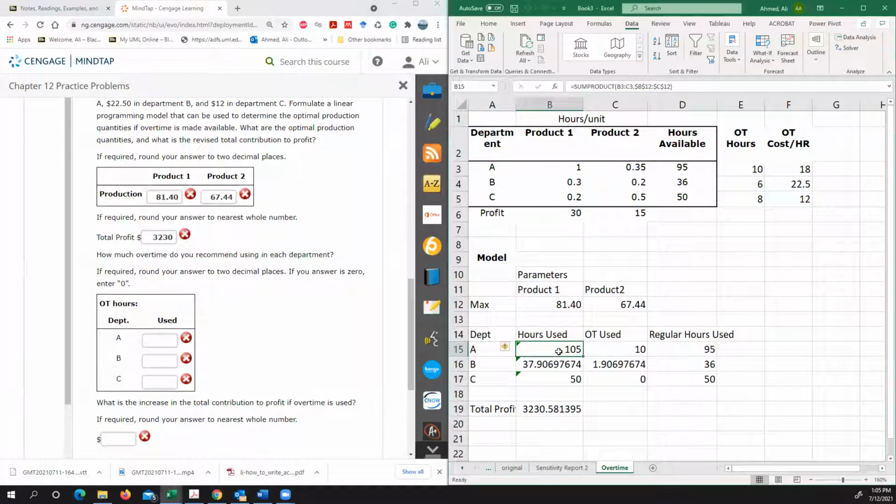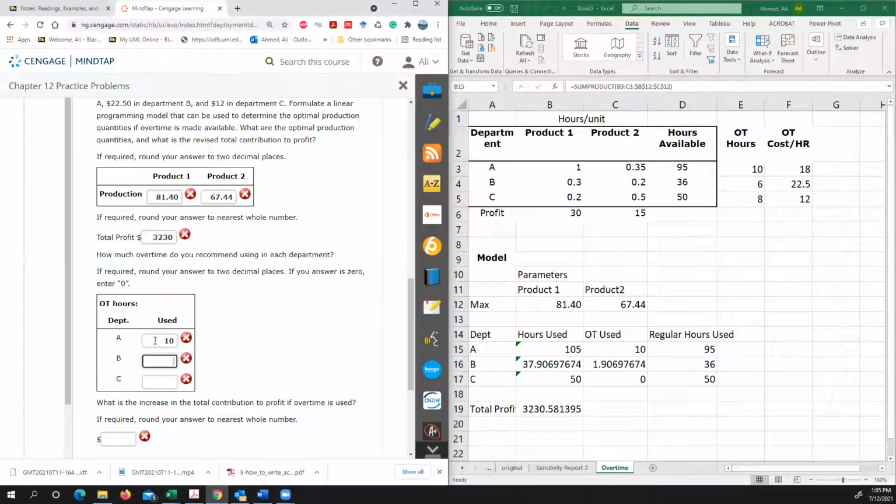So for example, here, this is a sum product of B3, this cell, into the B12 into this number. So this is the hours used without the overtime. This is the overtime, and this is the difference. These are the total hours used, this is the overtime, and this is the regular hours used without overtime. And they cannot go above this.